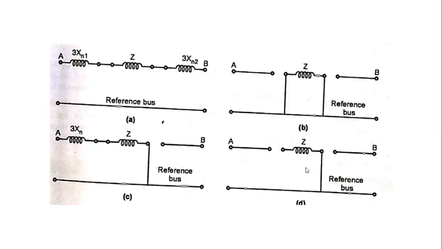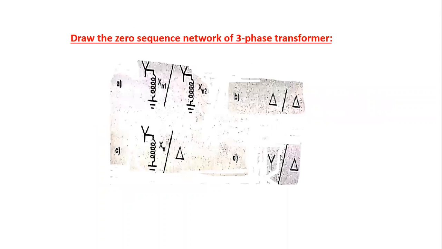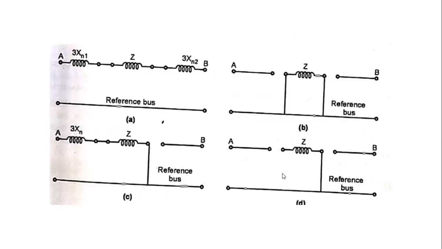Next, coming to the fourth consideration. What is the fourth consideration? That is the star and the delta. On the primary side the network is connected in star, and the secondary system is connected in delta. Therefore in both the windings there is no grounding.